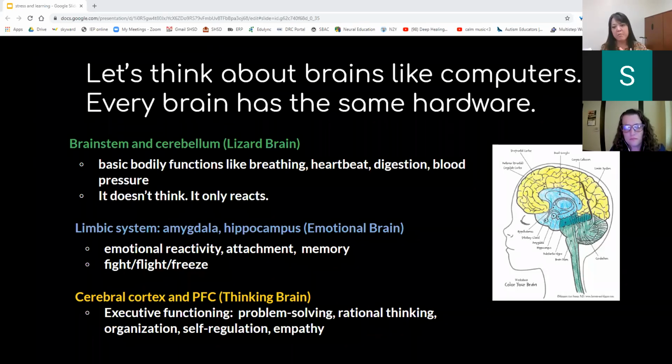Those are pieces of executive functioning. This part of our brain is also responsible for rational thinking, self-regulation, and problem solving. So we want to have a lot of energy in the prefrontal cortex. That's where our rational thinking happens, and that's where we are making connections to new learning.